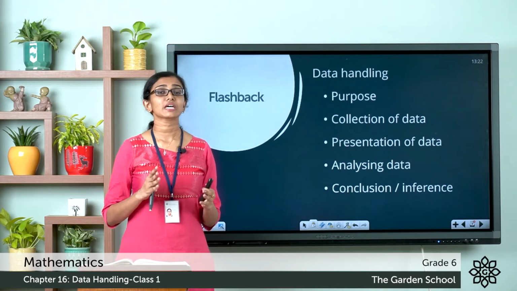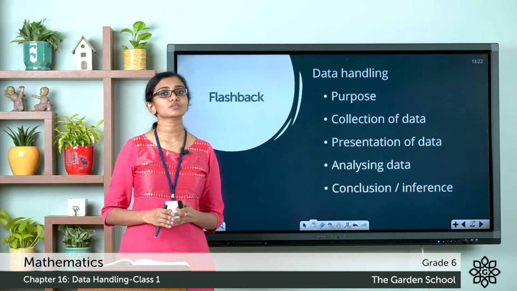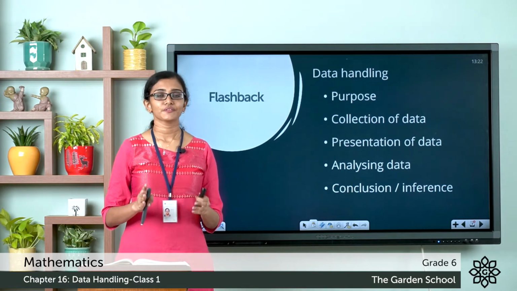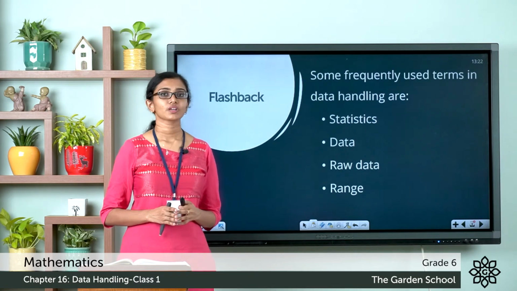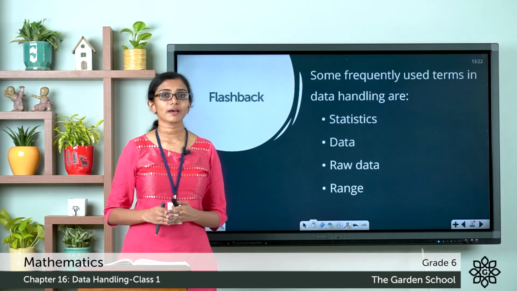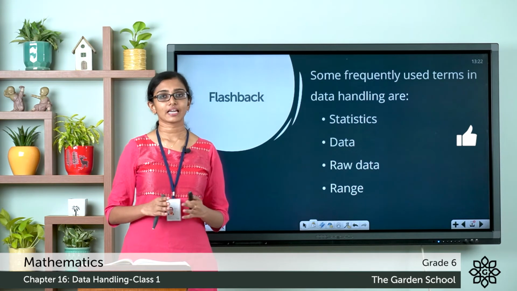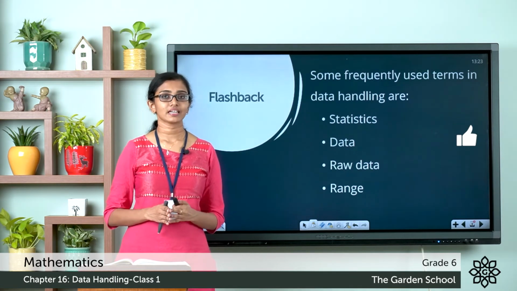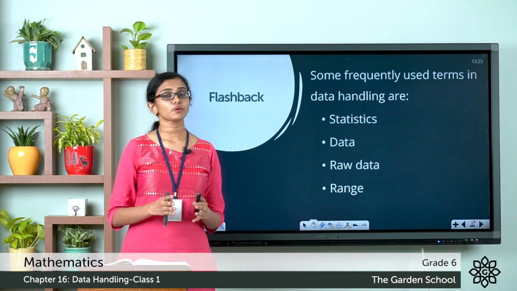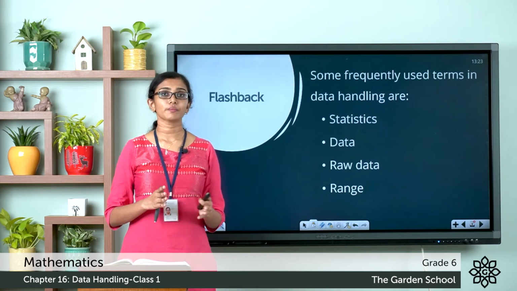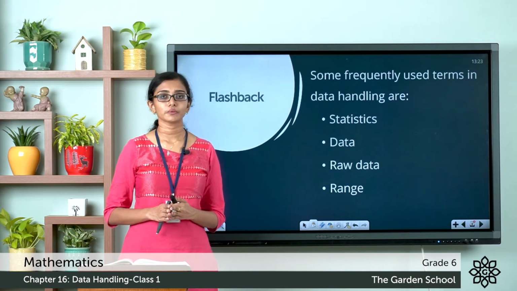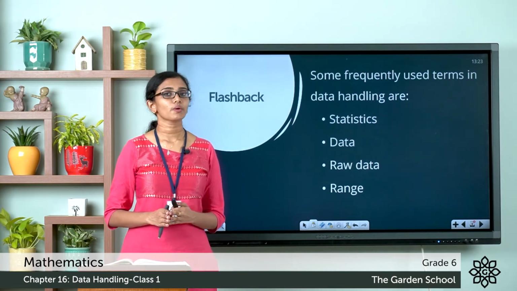Now let's have a look at a few terms which are frequently used in the process of data handling. The first one, statistics. So this is the branch of mathematics that deals with data handling. The next one is data. So this is the information that you gathered or collected from a source for a particular purpose. The next one is raw data.